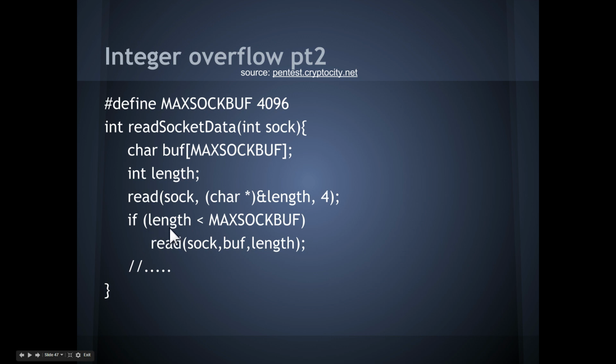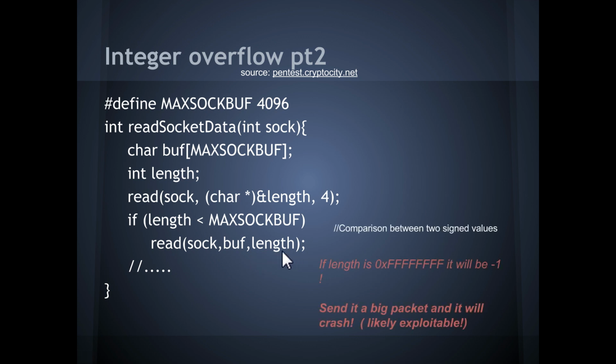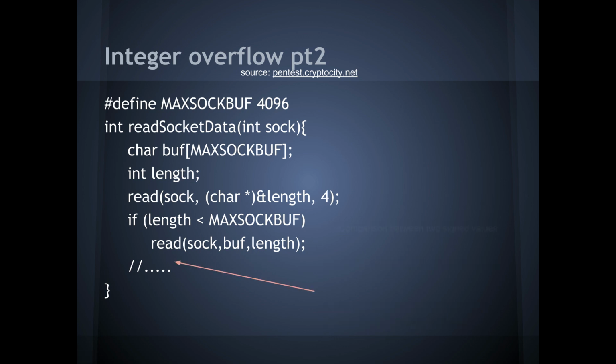So in that case, we may end up reading a very large amount. If you send it a very, very large packet, at the end of the day, it will cause a crash and perhaps lead to potential exploitation.